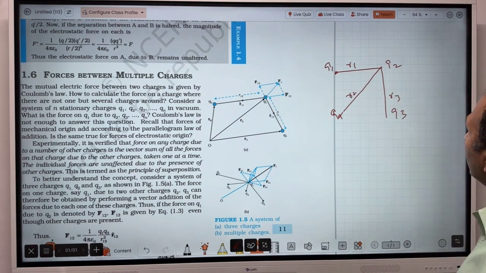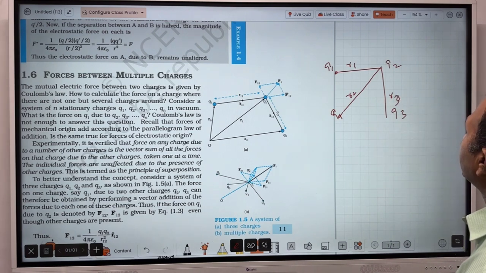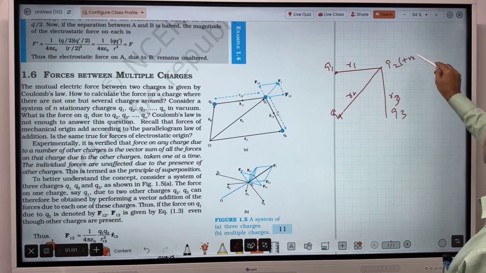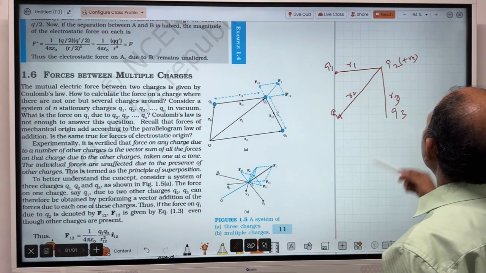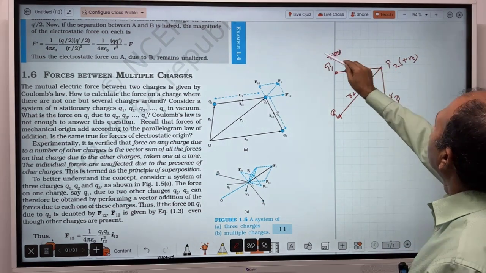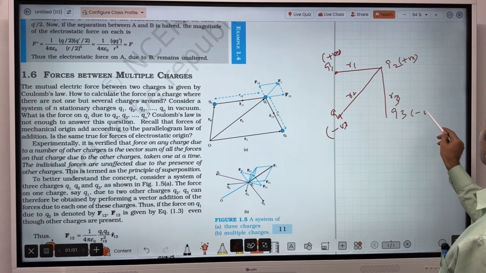Now, one thing you have to note is the nature of the charge. Here suppose Q2 is positive. We will do numericals on it, then you will understand it in a better way, but it's okay. We are taking this positive, this negative, and this also negative.